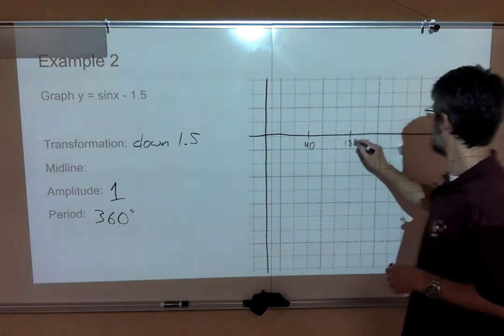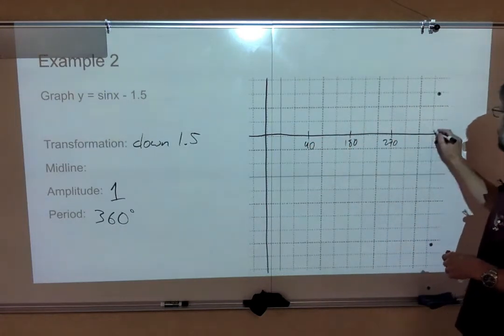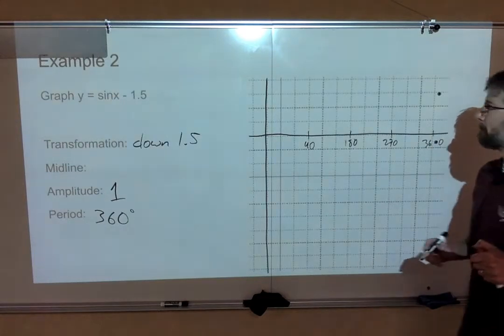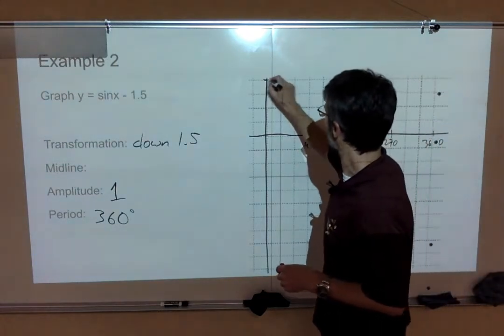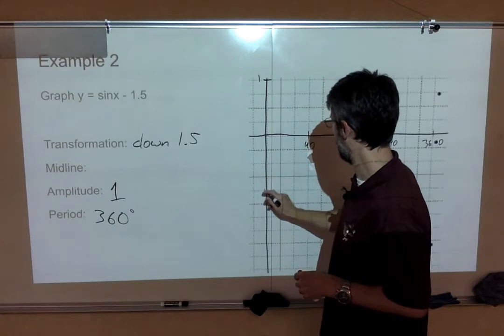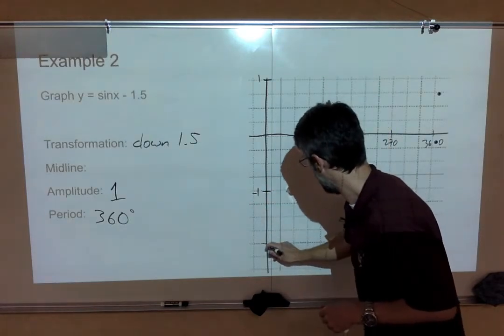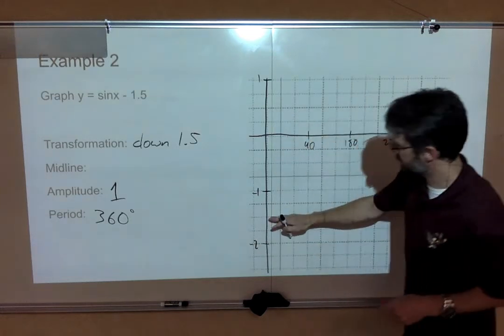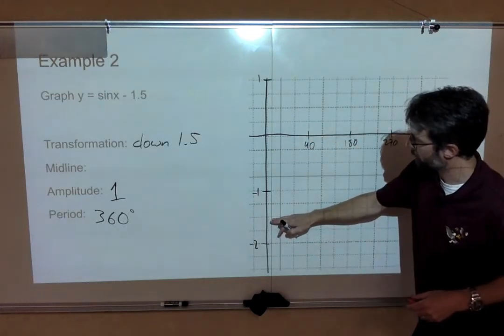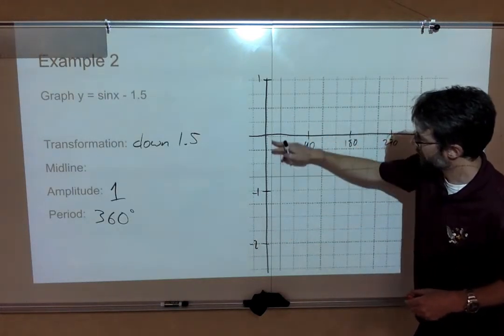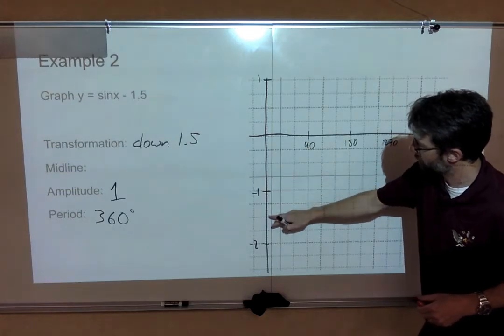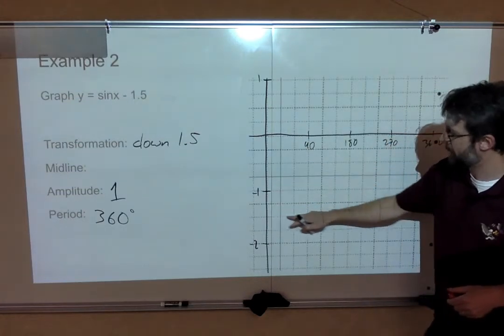90, 180, 270, 360. All right, what should I count by? I want to count by an even number of blocks so that I can easily split that in half, right? I'm shifting down 1.5, so if I count by 4s, that means that negative 1.5 is right here.